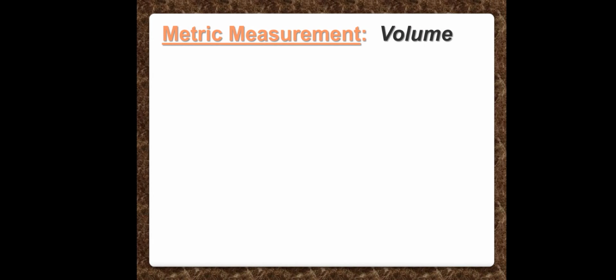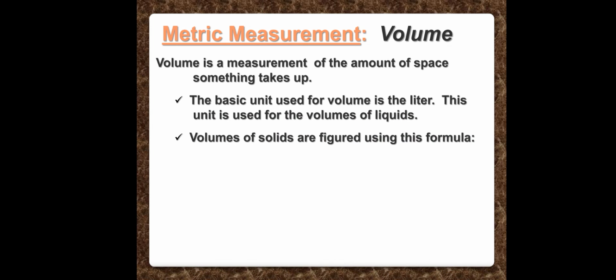Metric measurement. Volume. Volume is a measurement of the amount of space something takes up. The basic unit for volume is the liter. This unit is used for the volumes of liquids. Volume of solids is figured using this formula: length times width times height.